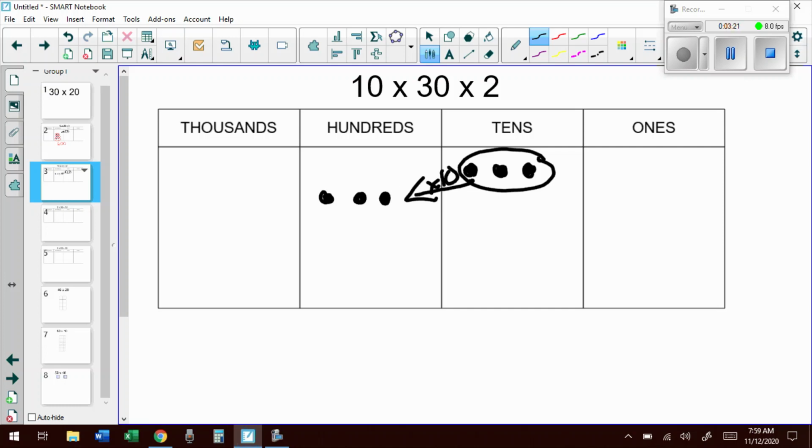We took that by 10. So we've taken 30 times 10, and now we need to multiply by 2. We have 1 set of 3 and 2 sets of 3. And our answer is 100, 200, 300, 400, 500, 600.